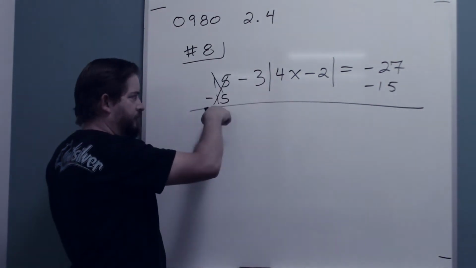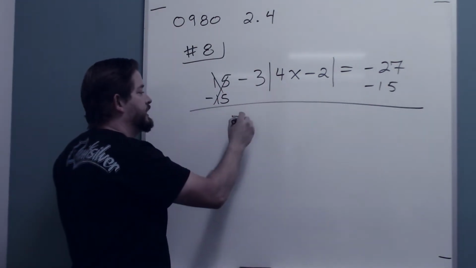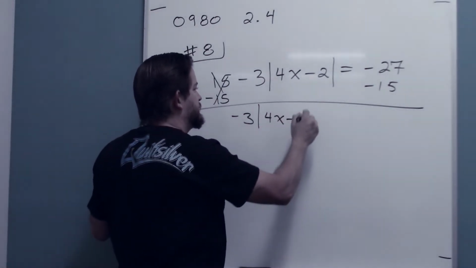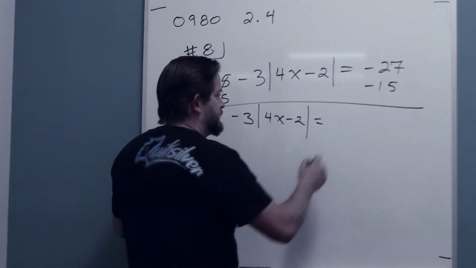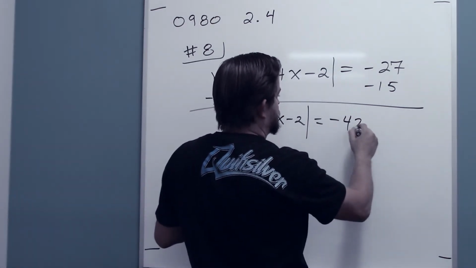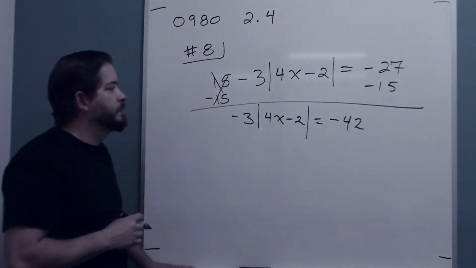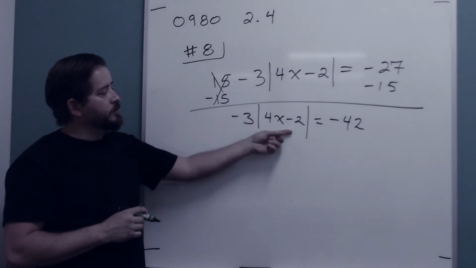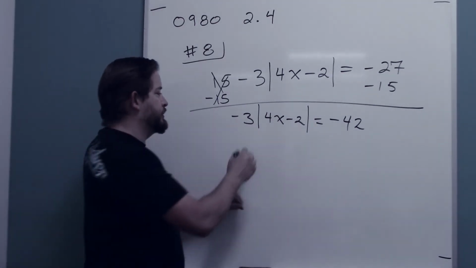Gets the 15 out of here, and it leaves me with negative 3 times the absolute value of the 4x minus 2. And that's equal to negative 42. And I want to get rid of the negative 3 now. It's being multiplied by the absolute value, so I get rid of it by dividing.